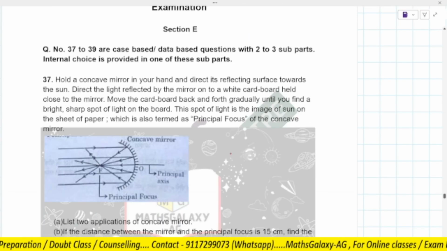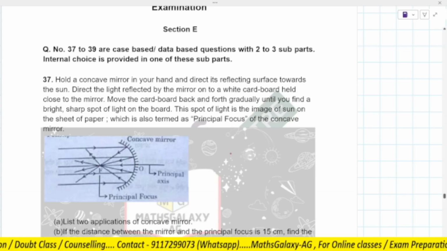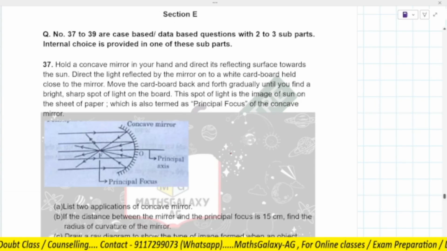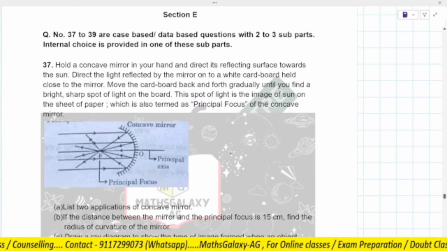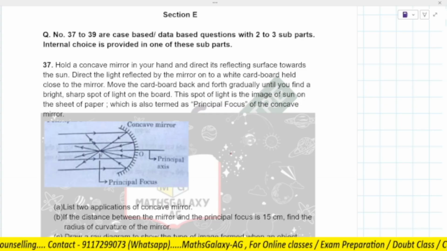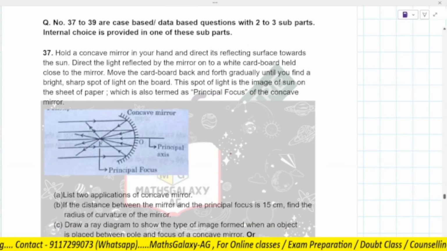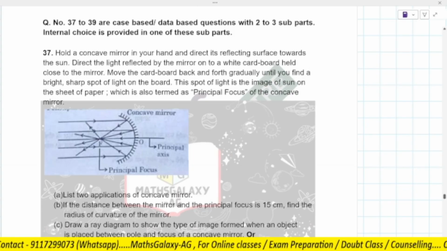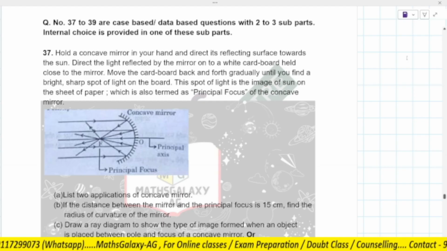Now see the last section, in which there are 3 questions, 37 to 39. Hold a concave mirror in your hand and direct its reflecting surface toward the sun. Direct the light reflected by the mirror on the white cardboard held close to the mirror.